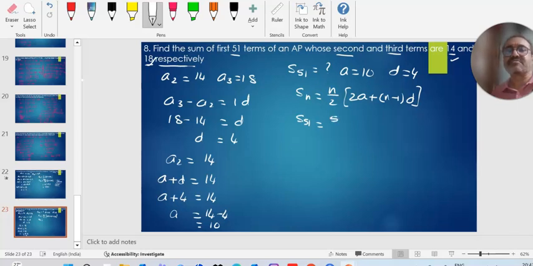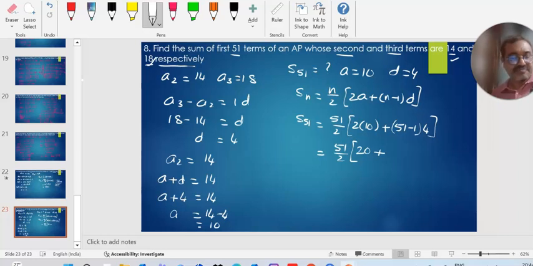So 51 by 2 into 2A, 2 into 10 plus 51 minus 1 into D. That is equal to 51 by 2, 2 into 10, 20. 51 minus 1 means 50.